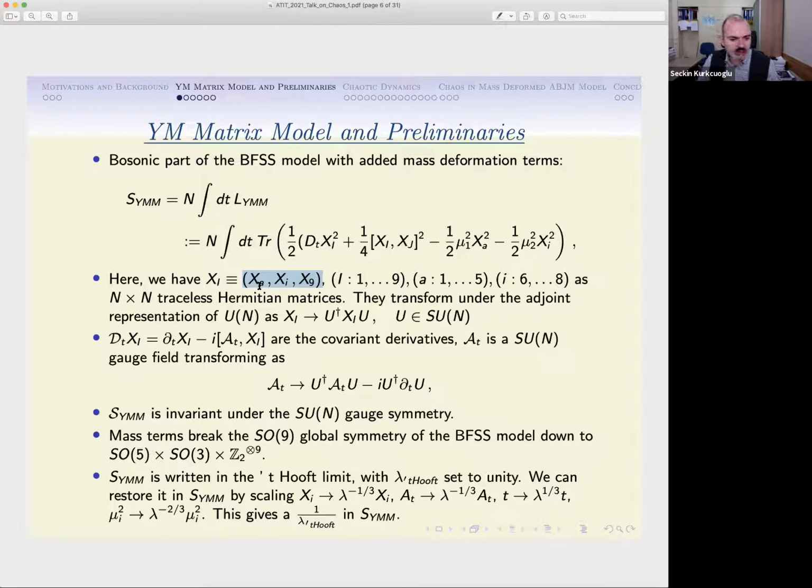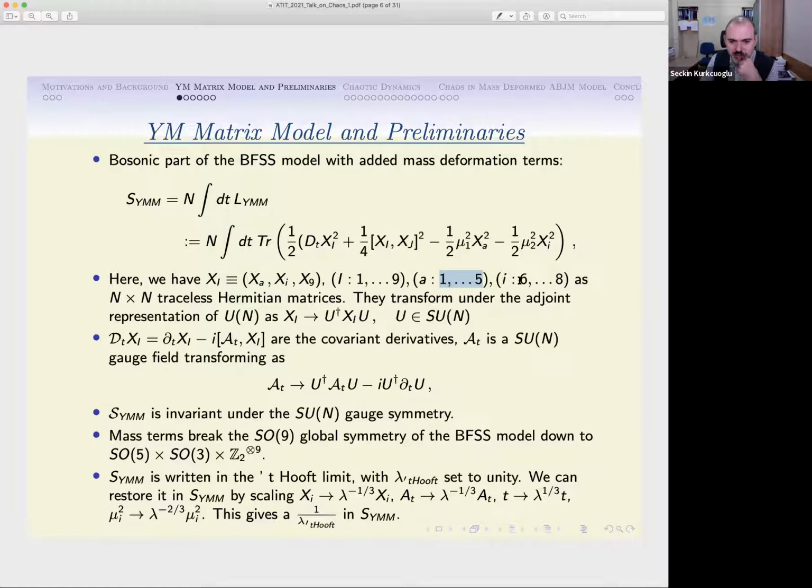N is not given to us as of yet. We will take traces of matrices which are of size, say 5 by 5, 6 by 6, and so on. We'll come to that point later on. But the capital I index runs from 1 to 9, whereas I split the indices and the small a index runs from 1 to 5 only.